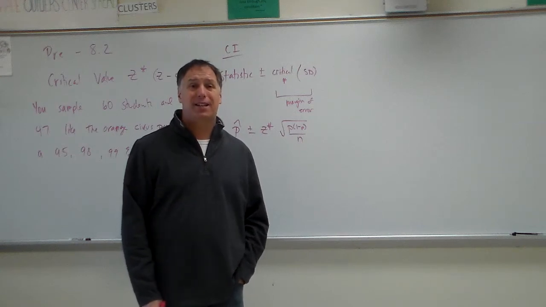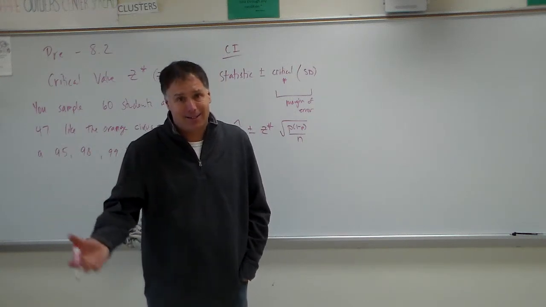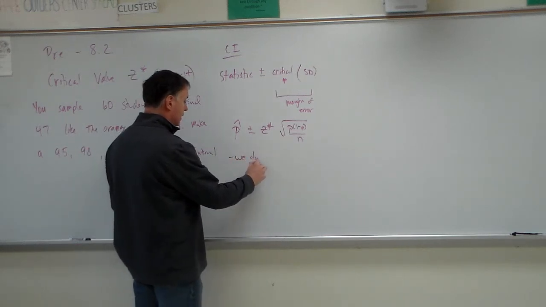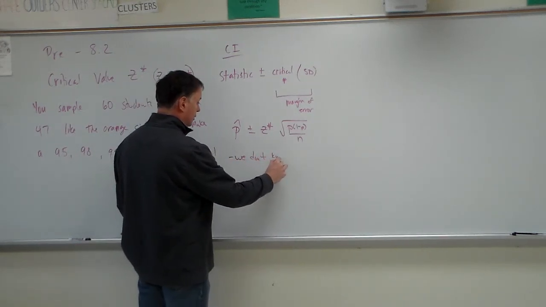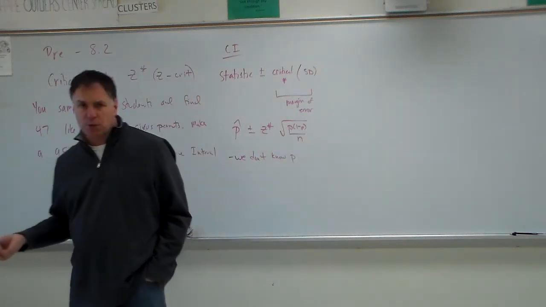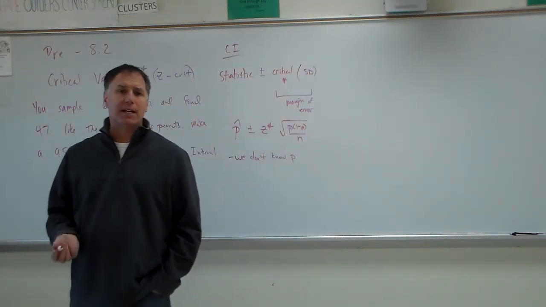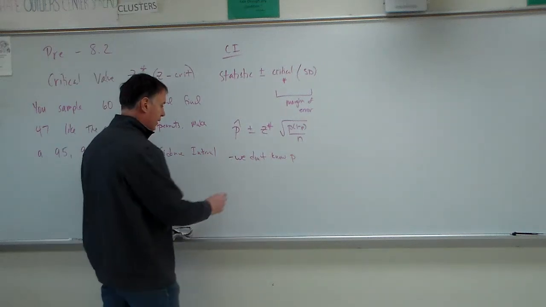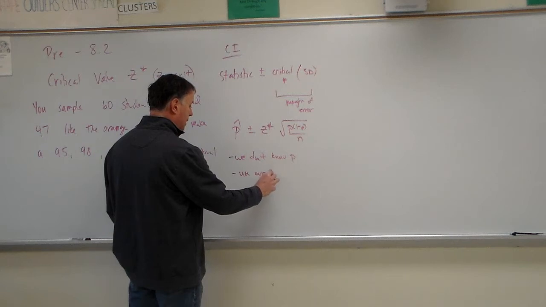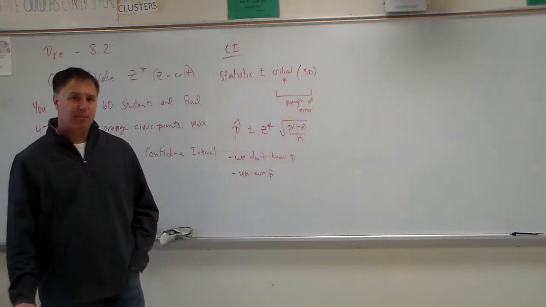You use statistics to try to find that. So we don't know P. Because we don't know P, all we can base our findings off of is our P hat. We use our sample.